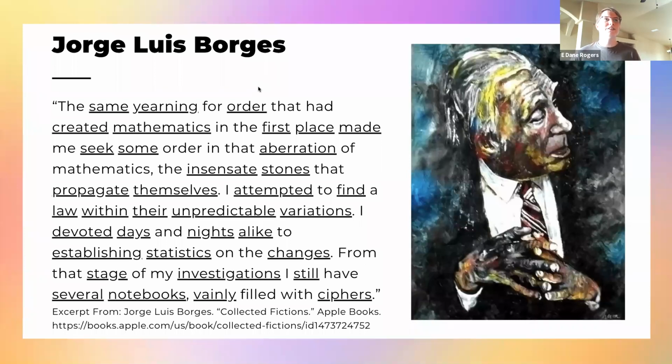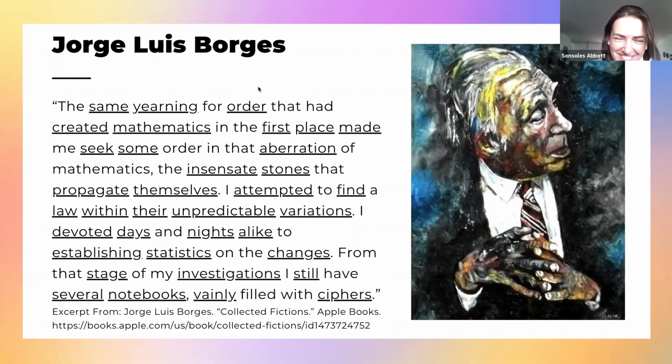All right, so let's start with Jorge Luis Borges from Tigres Azules. Can you read this? The same yearning for order that has created mathematics in the first place made me seek some order in the aberration of mathematics. The insane stone that propagate themselves.